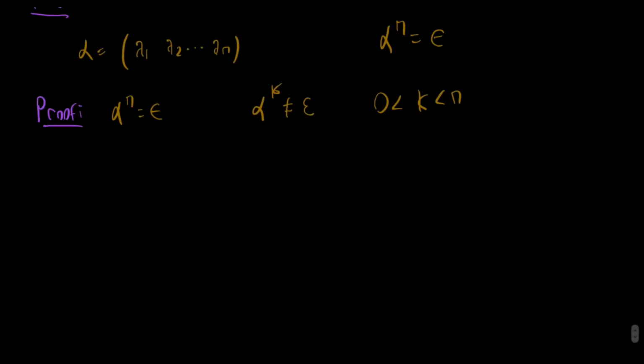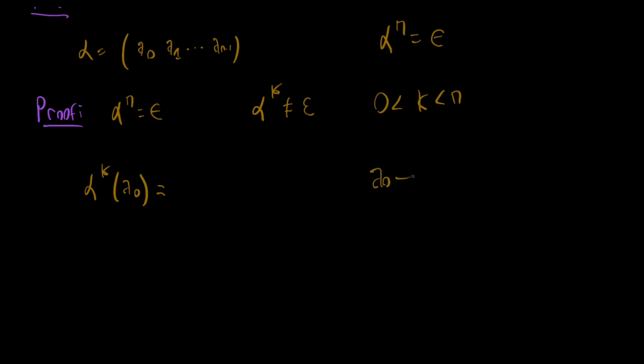Well, notice that we will just look at the first element, a1, and actually let's reindex it as a0 to keep the notation consistent with the last videos. By looking at a0, if we apply alpha k times to a0, what do we get?